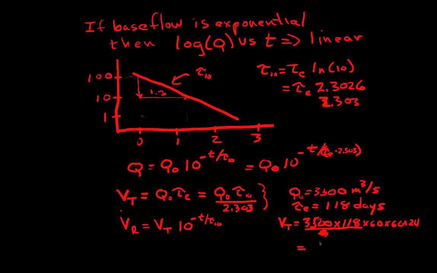Plug that into your calculator and we get 3.57 times 10 to the 10th cubic meters. So there's 35 billion cubic meters of water in this aquifer at the moment the recession began. Now what?